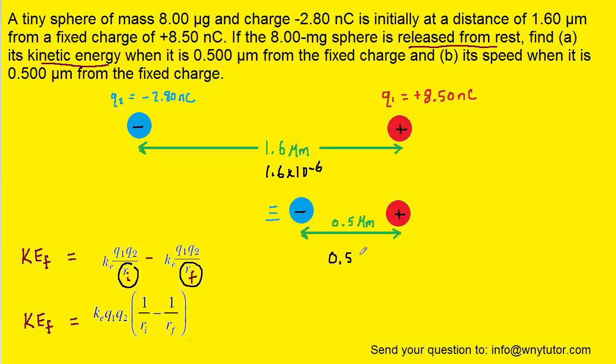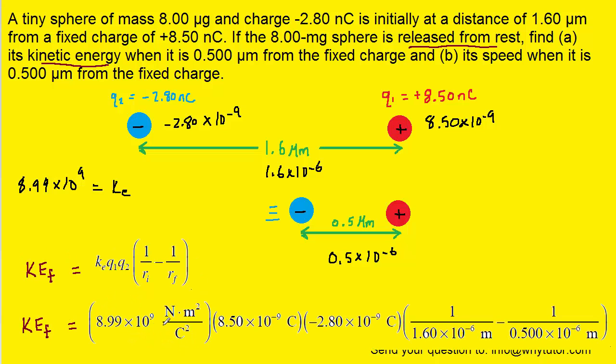We'll have to call that 0.5 times 10 to the minus 6. Also, the charges themselves were given in nanocoulombs, so to convert that to the standard unit of coulombs requires us to multiply by 10 to the minus 9. So we'll have to do that for both charges. And then finally, the value of Ke is a known value. It's 8.99 times 10 to the 9th. That's going to be the value we plug in for Ke. So with all those ideas in mind, let's plug in the known values.